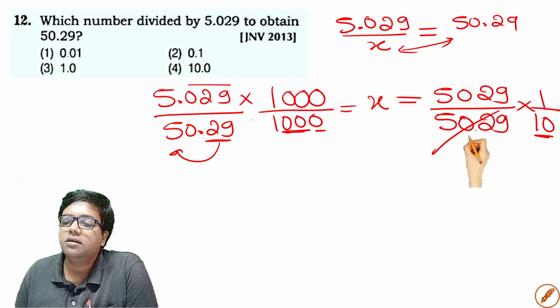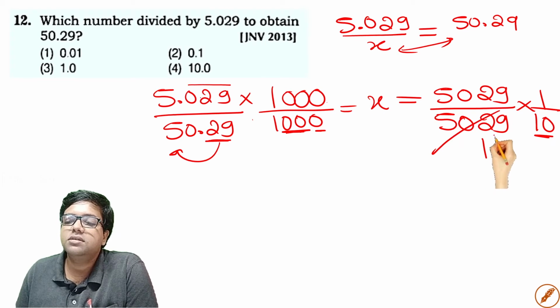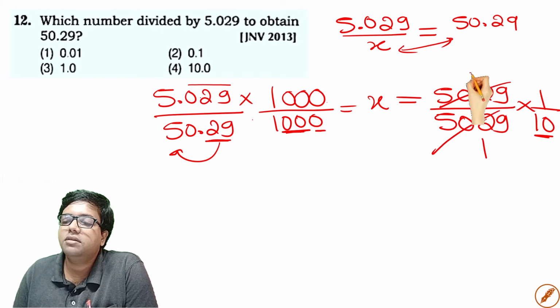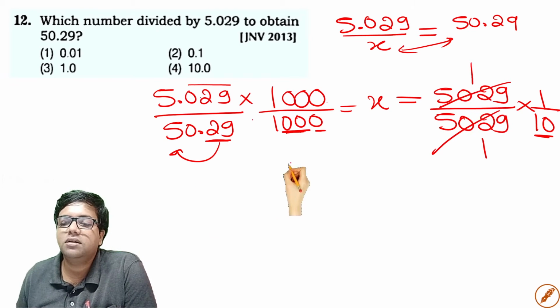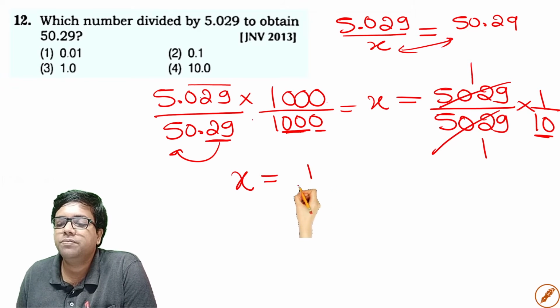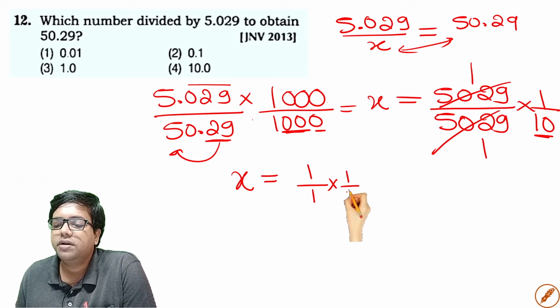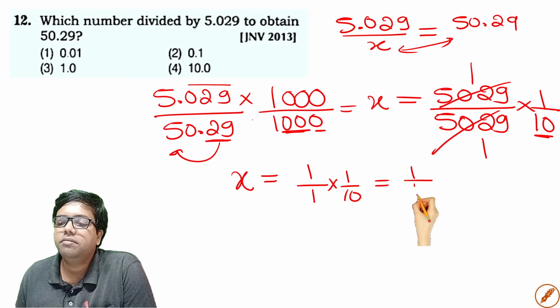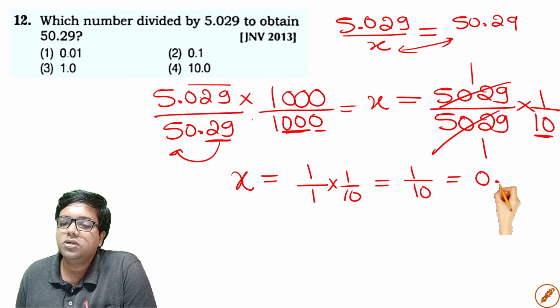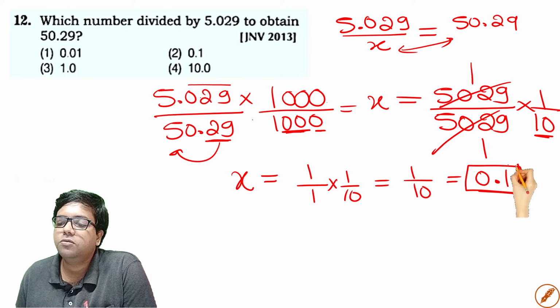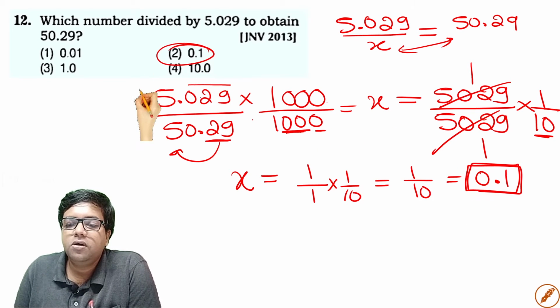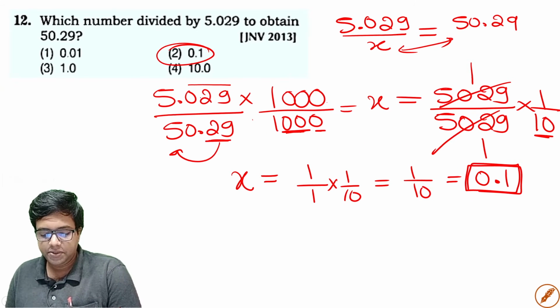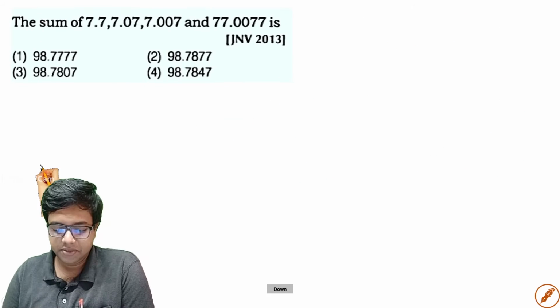Now you divide. 5029 ones are 5029. Therefore, x is equal to 1 by 1 into 1 by 10, which will give you 1 by 10. 1 by 10 is 0.1. Therefore, option 2 is the right answer for this question.